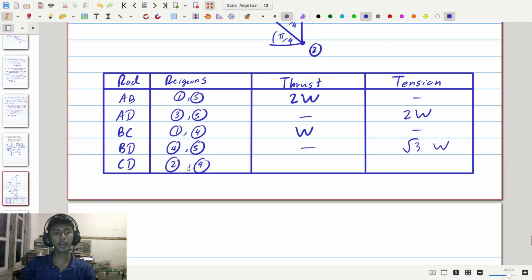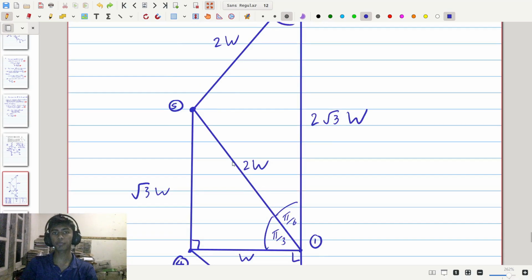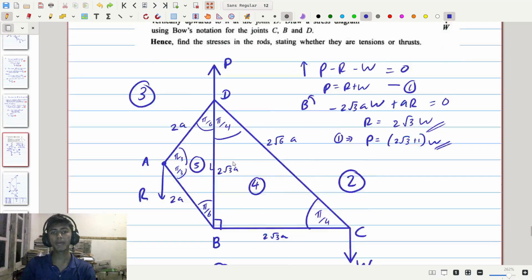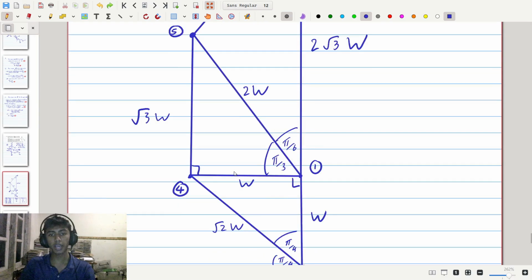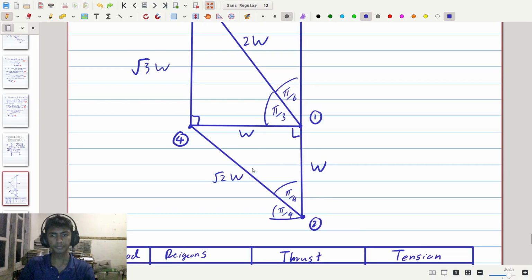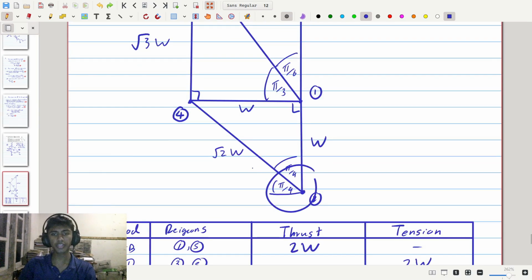Now going down, finally, we have CD. CD is corresponding to 2 and 4. Going up, 2 and 4, if we take the point C, we have to go anticlockwise from 2 to 4, and going from 2 to 4 in the diagram, that is upward like that.